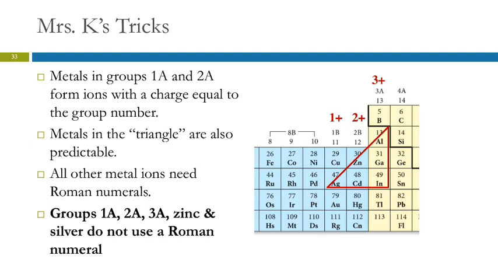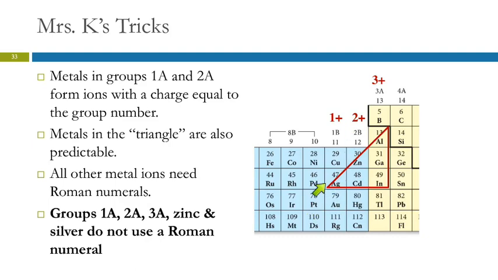Right? It's a really odd last name, even in Japan. So you don't just toss Roman numerals on the end of your name unless you need them, right? Because it just makes everything long. So these guys, groups 1A, 2A, 3A, zinc, and silver, don't need a Roman numeral, and so we're going to leave it off, okay? Everybody else needs a Roman numeral.